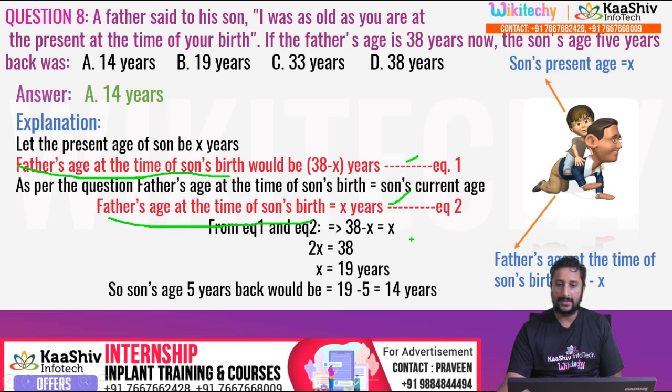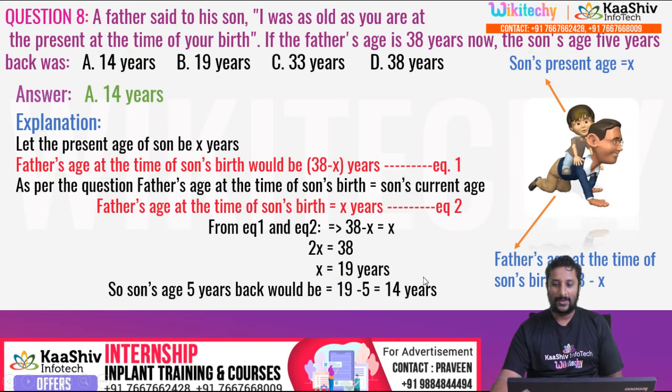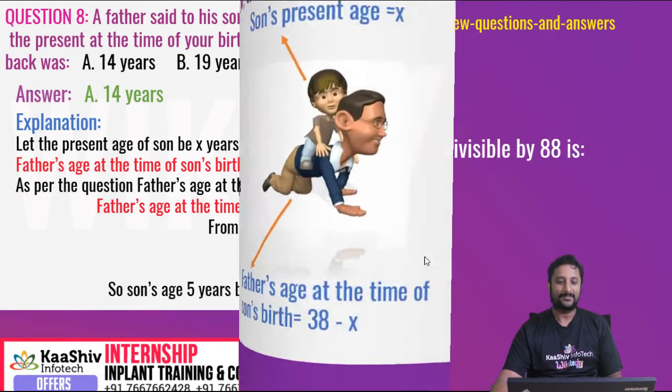So 38 minus X is equal to X, so X is equal to 19. You should be careful: the son's age 5 years back was 19 minus 5. So my guess is correct, it's 14 years. Let's move on to the next question.